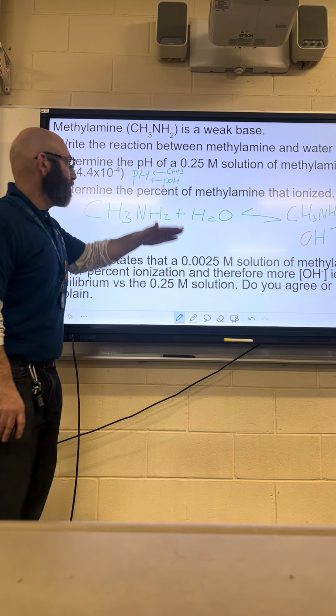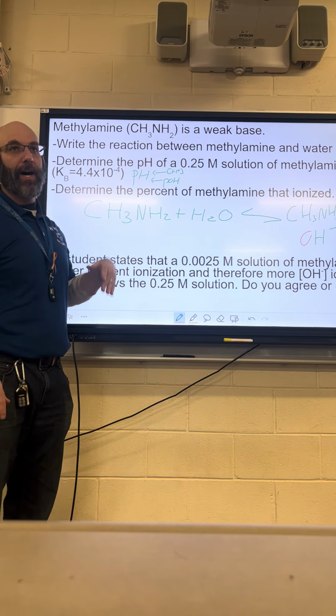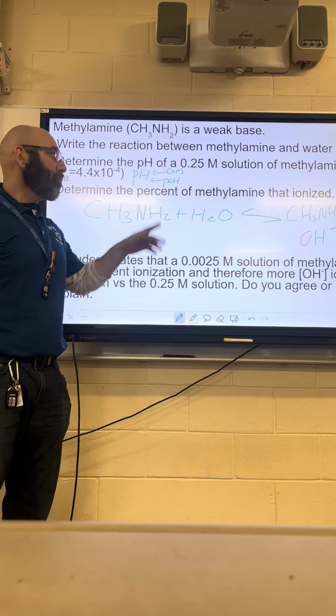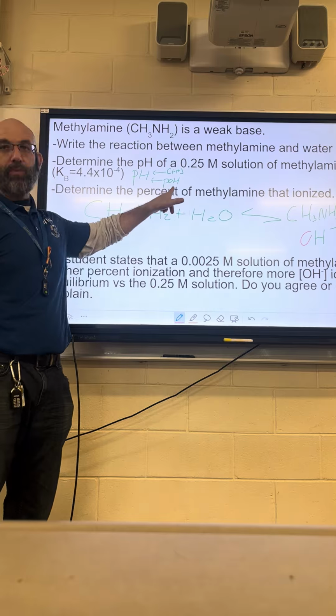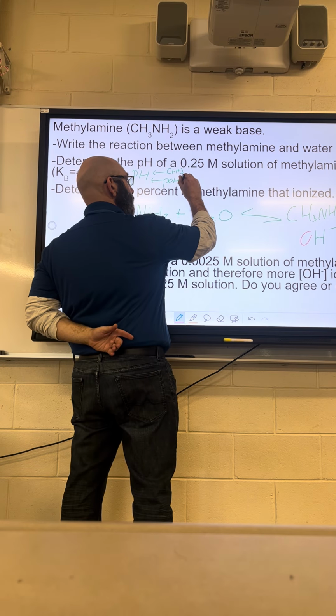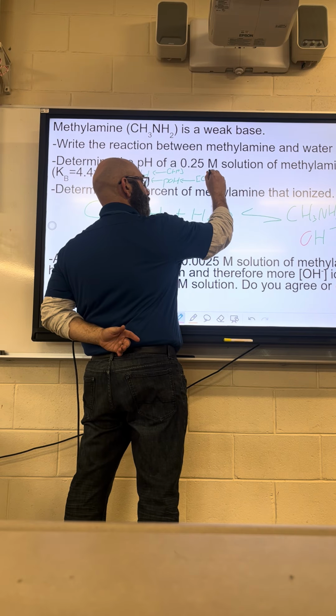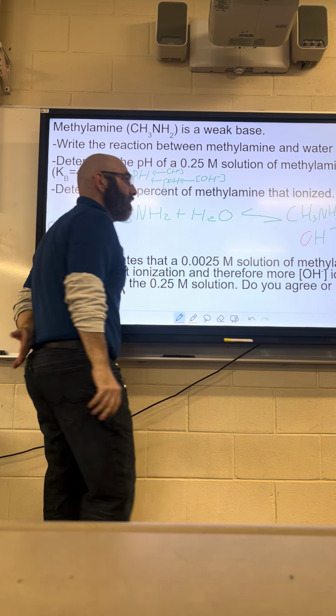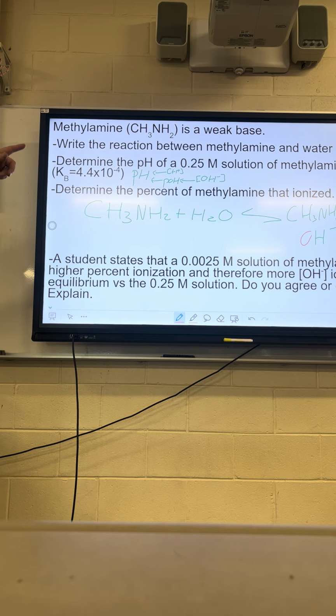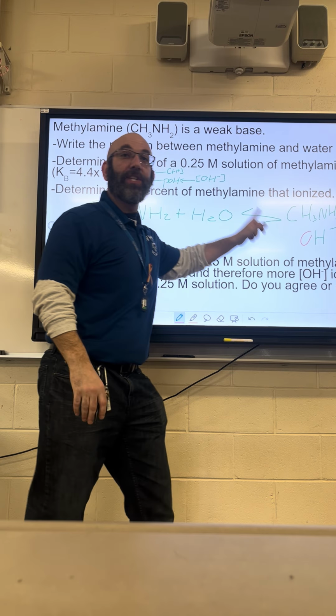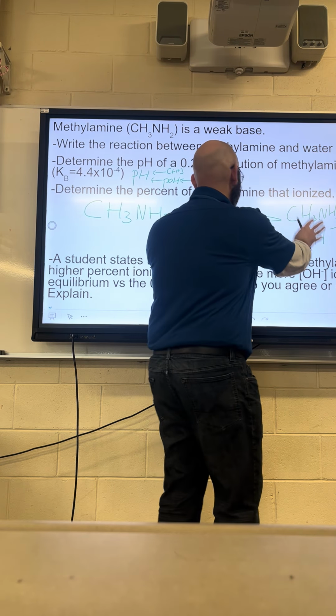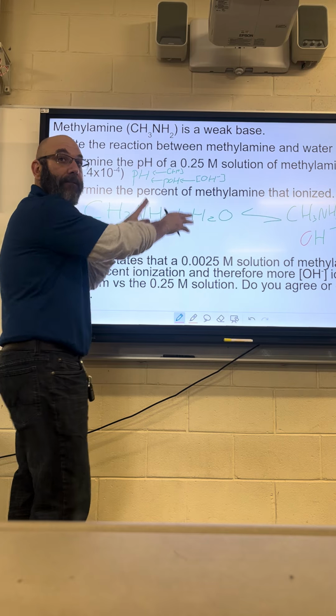So is it easier to go the top route or the bottom route? Because we're already making OH, so we want to go this way. So if I want to find out the pOH, I need to find out the concentration of hydroxide. And guess what? We have something to work with. So now we can link this to that.